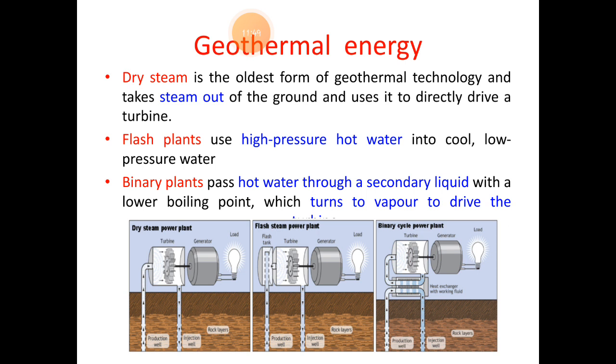The second type is flash plants, in which the hot pressurized water is cooled down and used to turn the turbines and generate electricity. Whereas the binary plants make use of hot water, which is first converted into dry steam, and this dry steam is used to run the turbines to generate electricity.